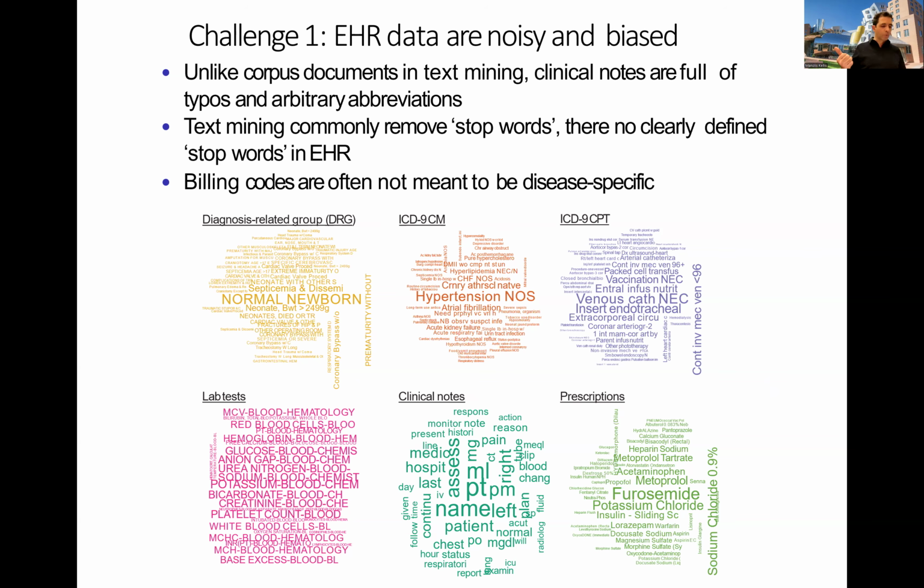Every one of those variables might be present or not. Sometimes it uses an acronym, sometimes abbreviations, sometimes a billing code that is easier for reimbursement rather than the true ICD-9 disease code. So you have a lot of challenges associated with parsing these clinical records, which again, we're going to talk about in a second.